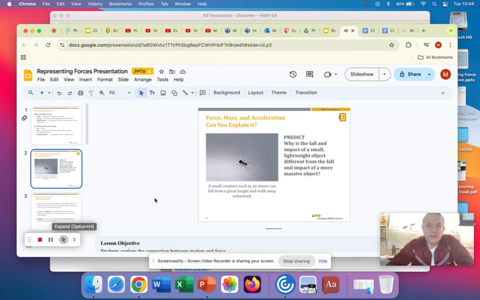Hello again, class. In this lesson, we will explore the connection between motion and force and understand what the different forces are that act on objects that are both at rest and in motion, and how we can represent those forces visually in diagrams.